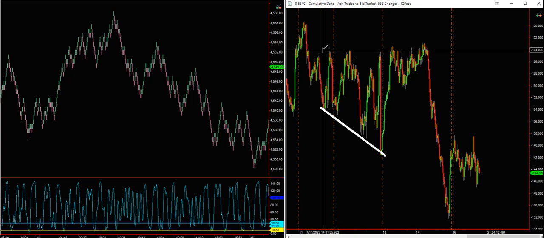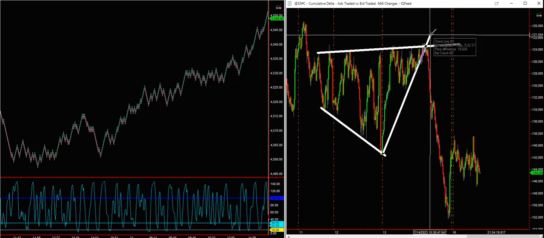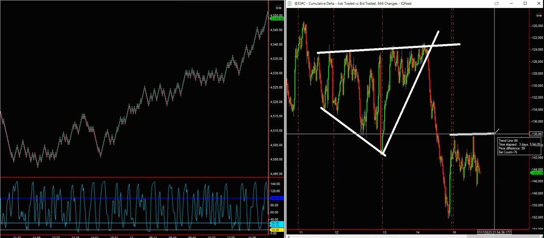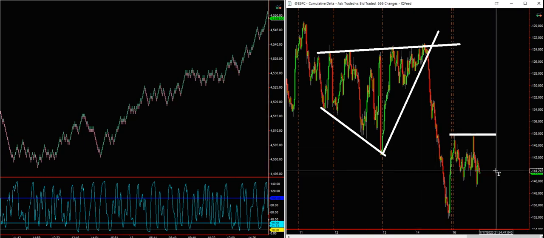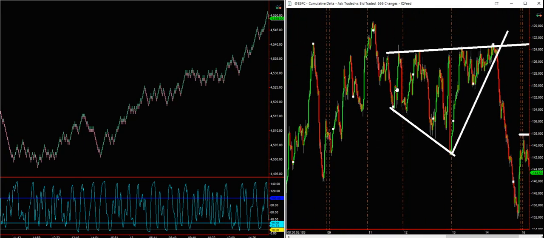Now we made a thesis that we are going to be doing technical analysis on this side of the equation, which is the cumulative delta, and we are going to look for double tops, double bottoms, third touch, and you can use any kind of technical analysis, any patterns on this.